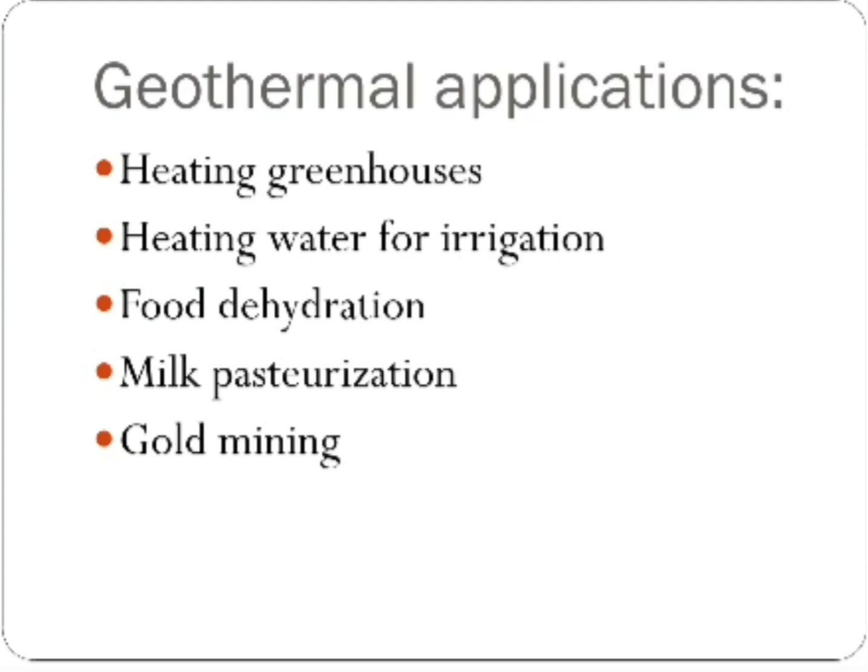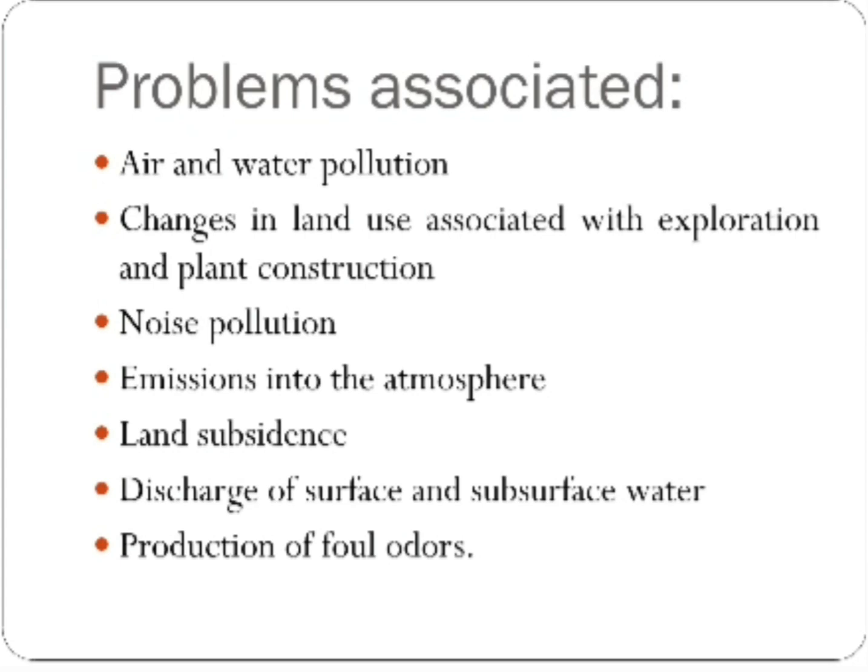Now we've seen what is geothermal energy, how it works, what are its types and applications. But like any other energy, geothermal energy also has certain disadvantages or effects on the environment. Now let's see what are the effects of geothermal energy on our environment. So the first or basic problem arising due to geothermal energy is air and water pollution.